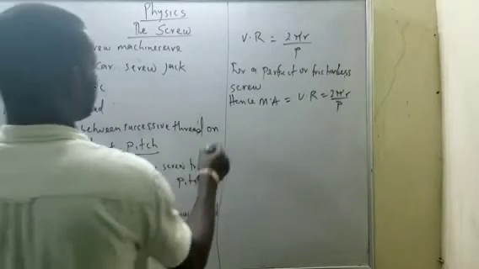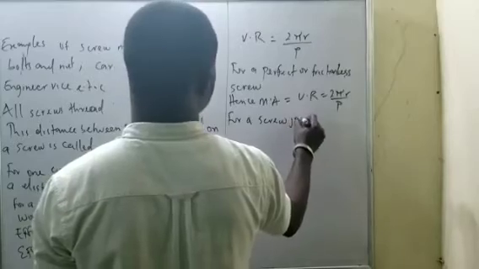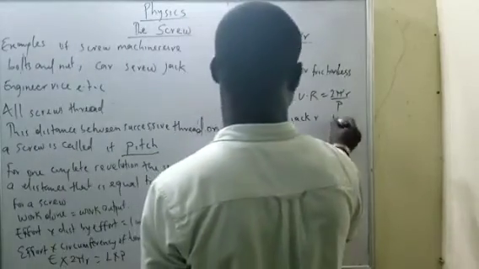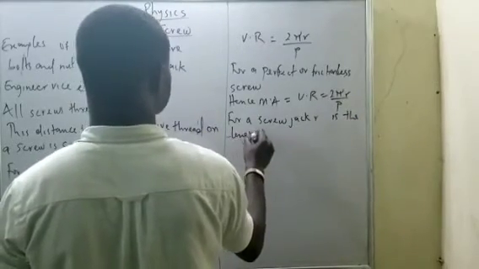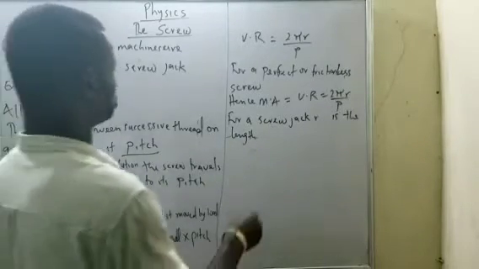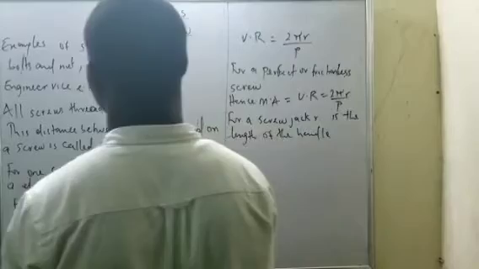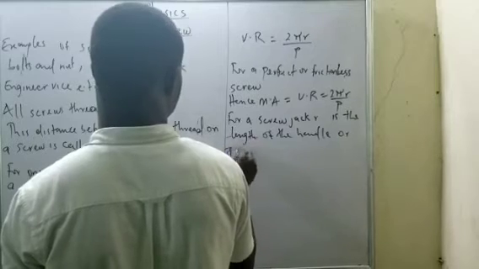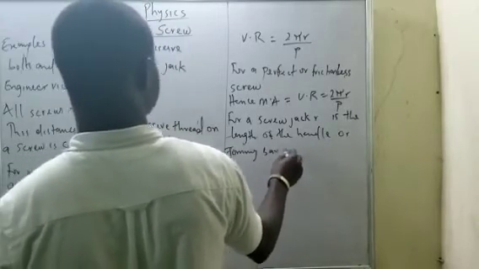Okay, for a screw jack, R is the length of the handle, or turning bar, of the screw.